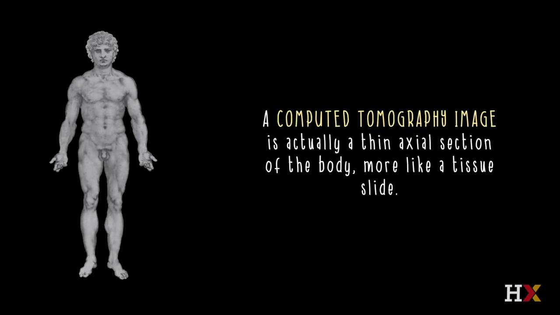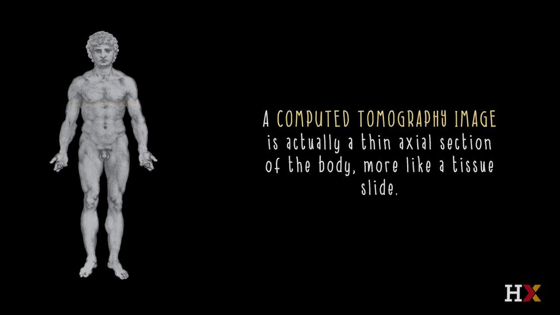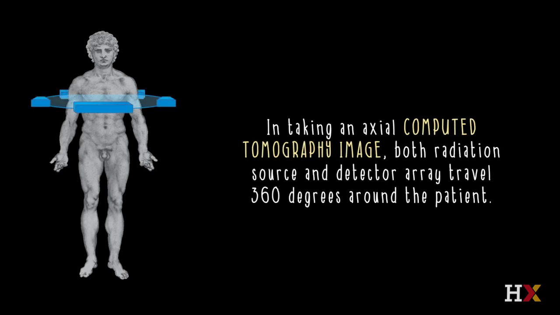By contrast, a computed tomography image, or a CT, actually does represent a section rather than a superimposed projection. And it's actually more like the tissue slides that we looked at when we were talking about histology. In taking a CT image, both the radiation source and the detector array will rotate 360 degrees around the patient.